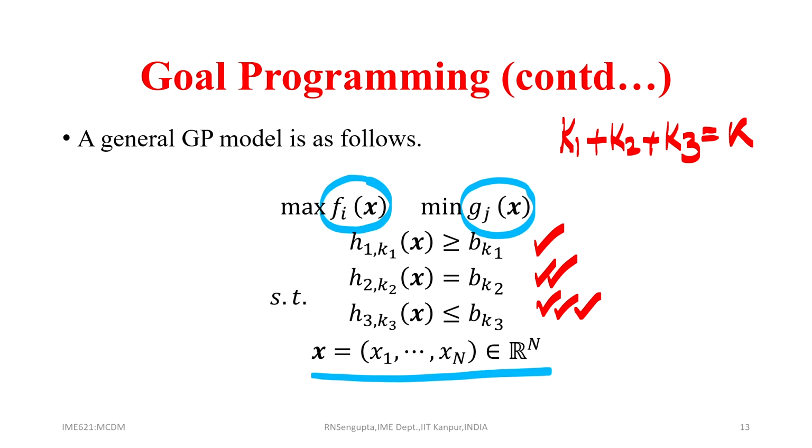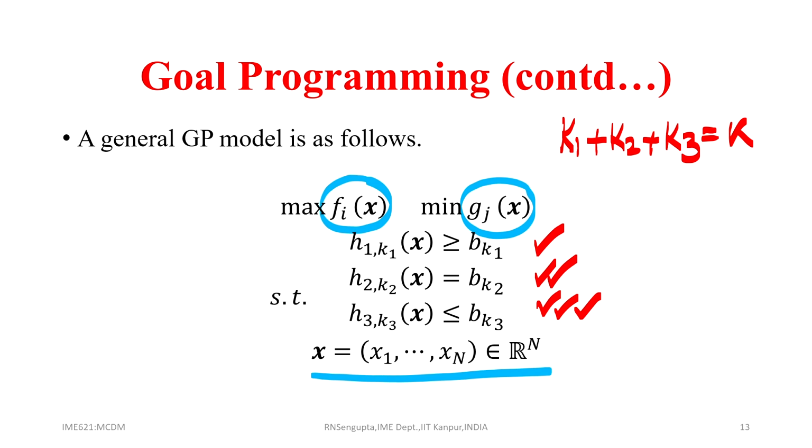Now, what are the constraints? Constraints, if you see, we have considered in a very simple way. The k 1 number of greater than type, h 1 k 1 of x is greater than b k 1, where b k 1 is basically a value, a deterministic one. Equality type is h 2 k 2 of x, again a function, is equal to b k 2, again b k 2 is the set of constants.